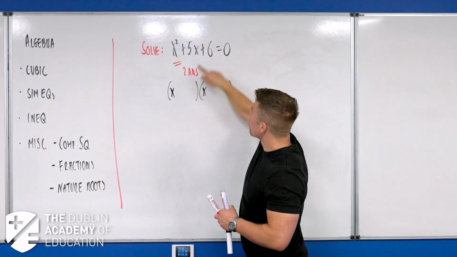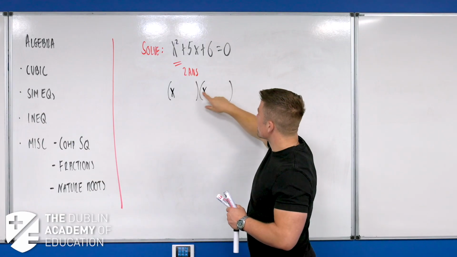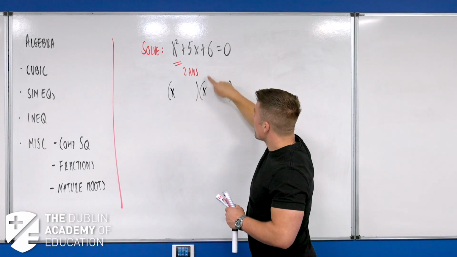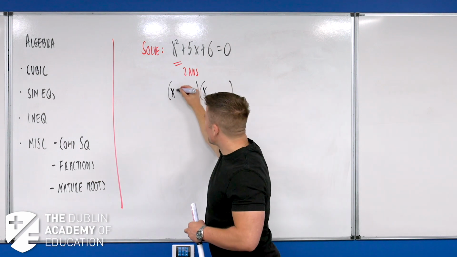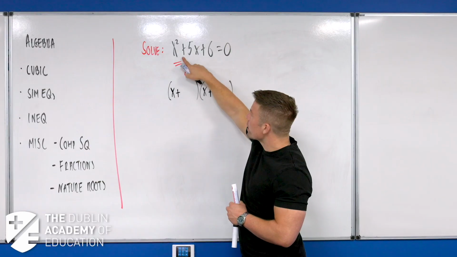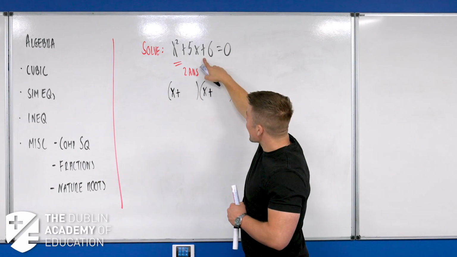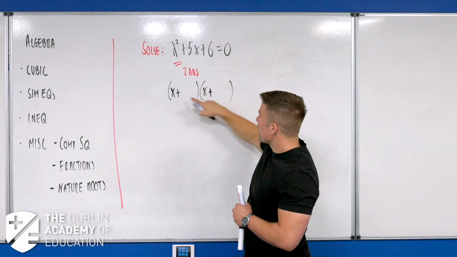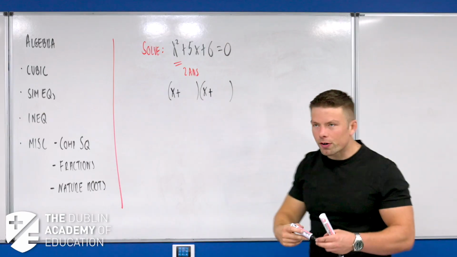If the second sign is a plus, it means that both of these signs are going to be the same. So if that's a plus and that's a plus, that's telling me both brackets have a plus. If that's a minus and that's a plus, these are both minuses. If the second sign is actually a negative, both of these are going to be different. One will be a plus and a minus, and it doesn't matter what order.